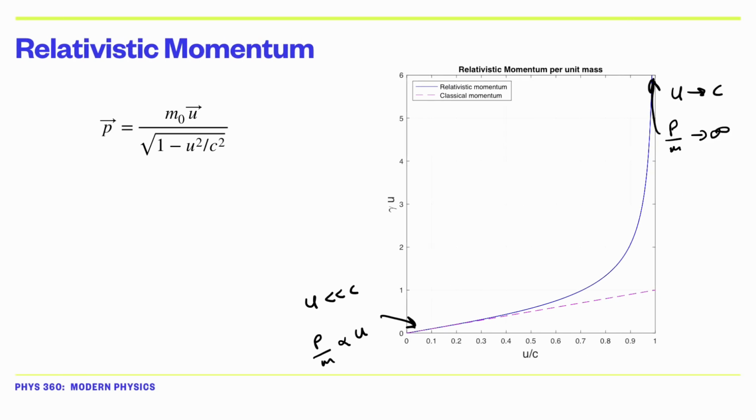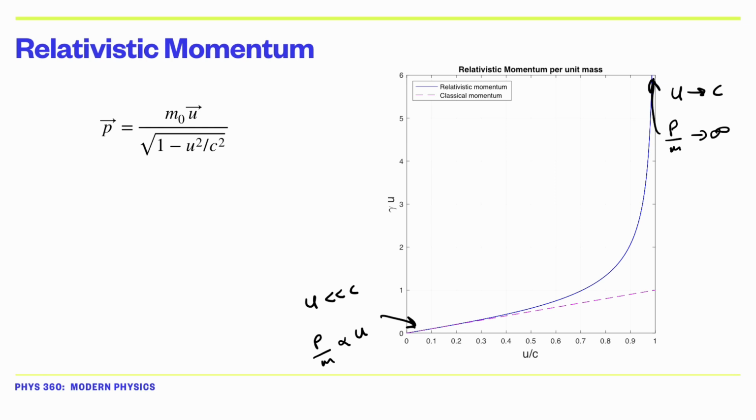Here's a plot of the momentum divided by the mass of the particle, i.e. the velocity u over the square root of 1 minus u squared over c squared. We see that in the classical limit, when u is much less than c, the momentum per unit mass is proportional to the velocity, just like we would expect in classical physics, when momentum is just mass times the velocity.